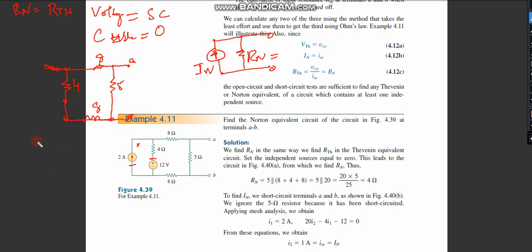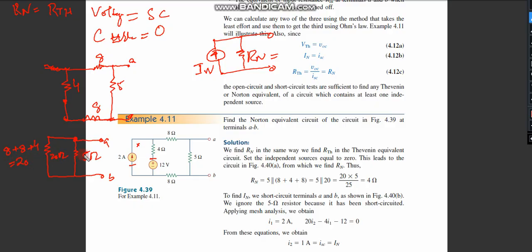So basically, if you see this over here, I can redraw. This is 5, which is this one, and this branch has 8 in series with 4 in series with 8 again. So I represent this by a single resistance between A and B, which is 8 plus 8 plus 4, so 8, 16, this is equal to 20 ohms.